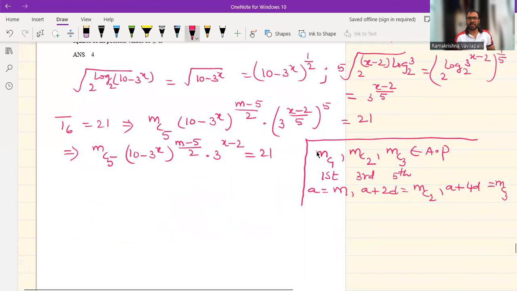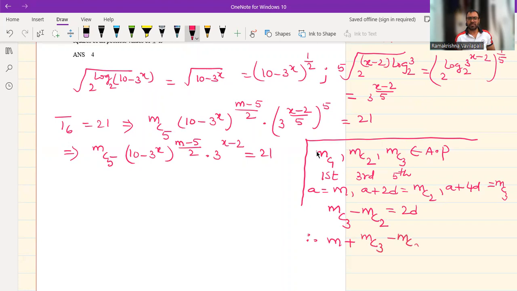So subtract the middle equation from the third equation. mC3 minus mC2 equal to 2d. Right. So therefore, here a is m, so m plus 2d is mC3 minus mC2.